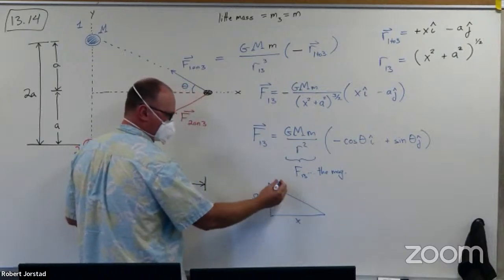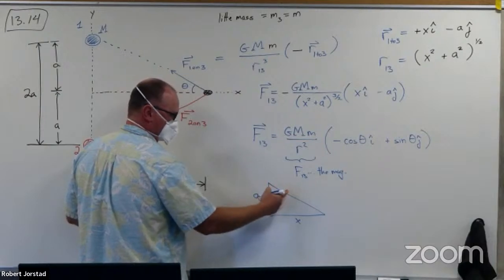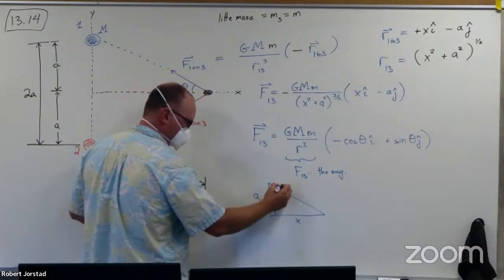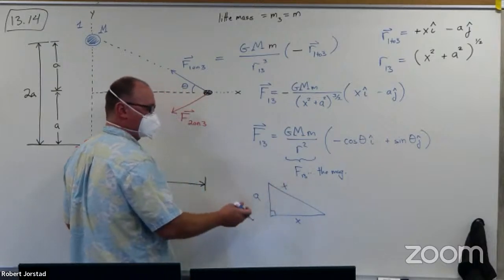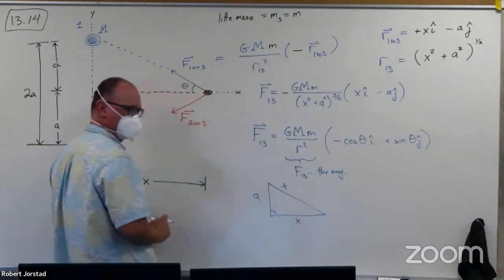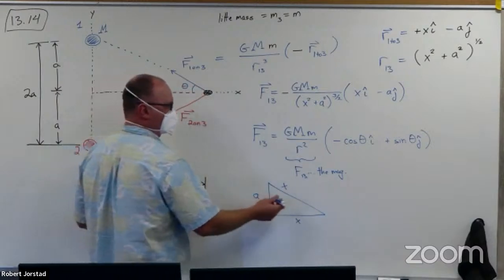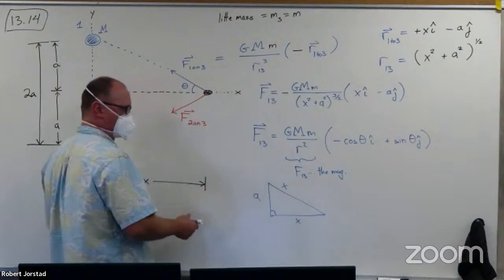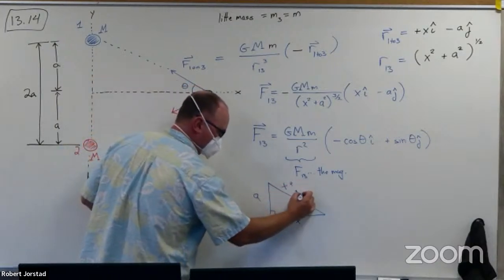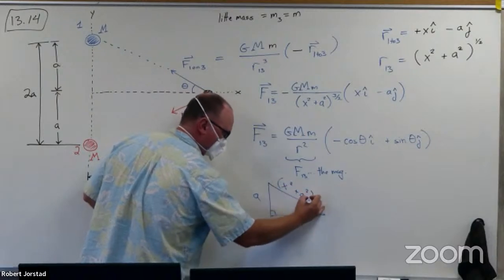What's this side of the triangle? No, just in terms of X and A, just in terms of distances. Yeah, it's the X squared plus A squared to the 1/2.